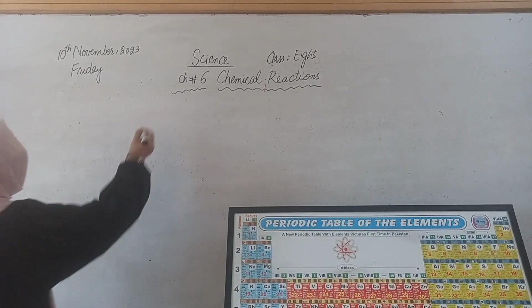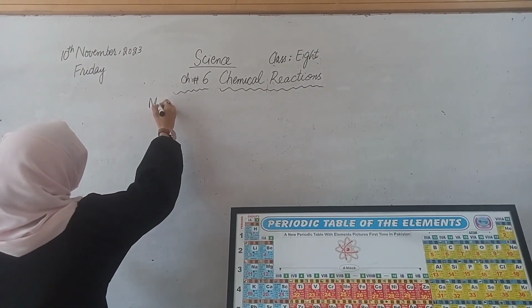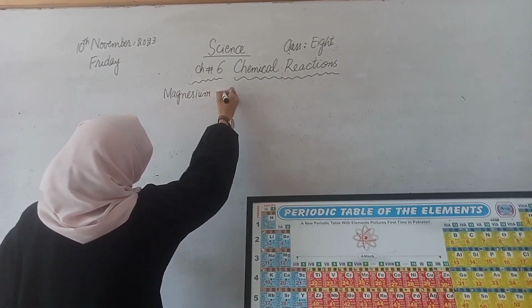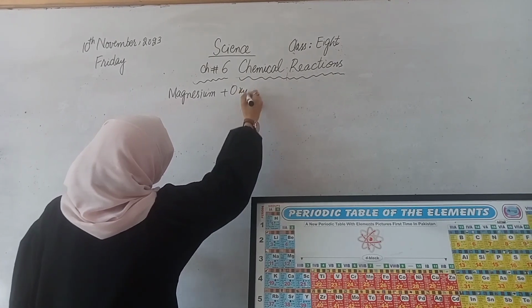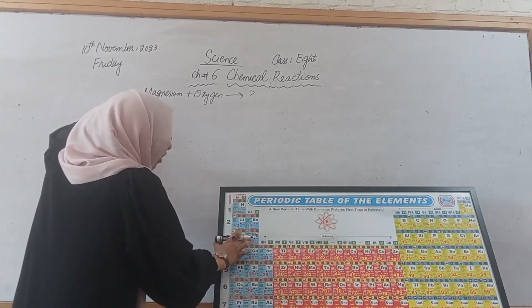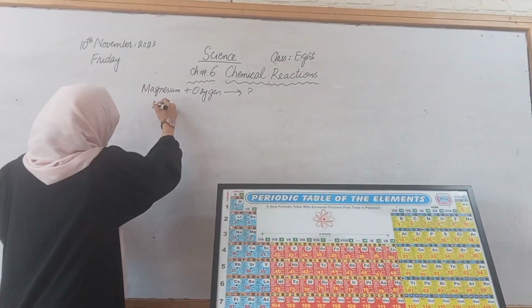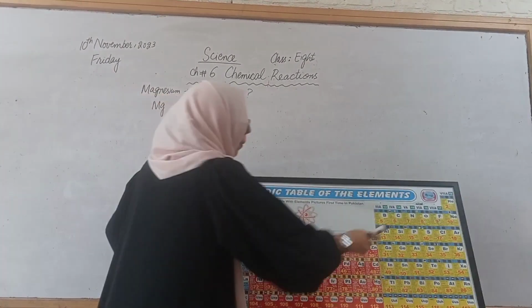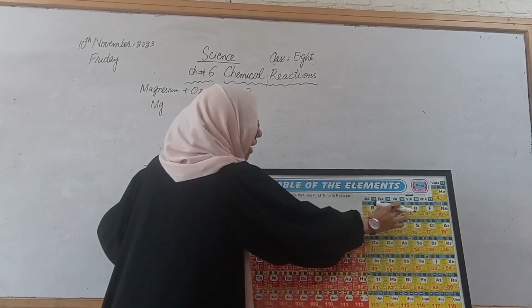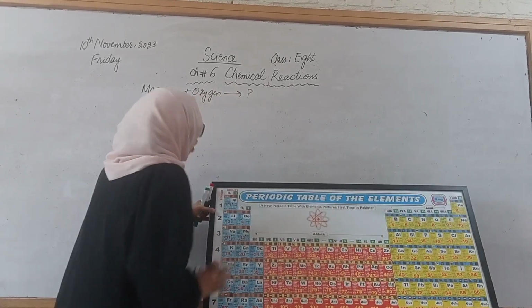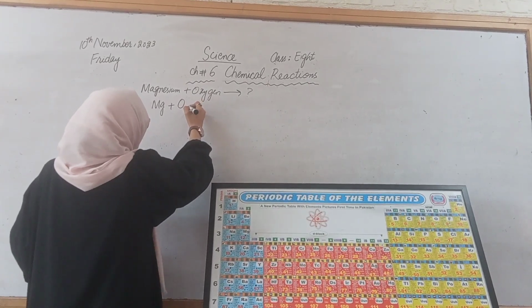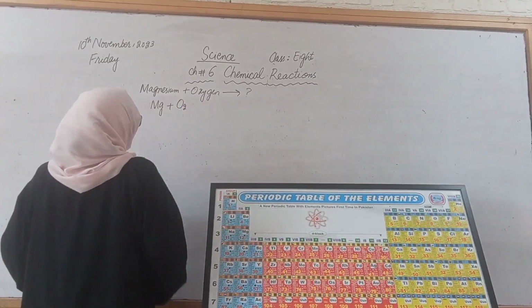Another example is between magnesium and oxygen. Magnesium is Mg and the next one is oxygen. It is in group number 6 and has symbol O. Oxygen is a gas, so it is in the divalent form.